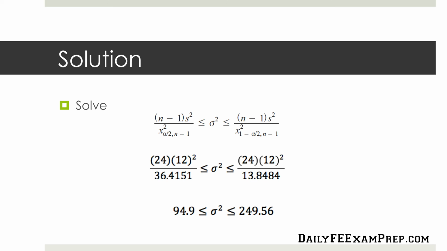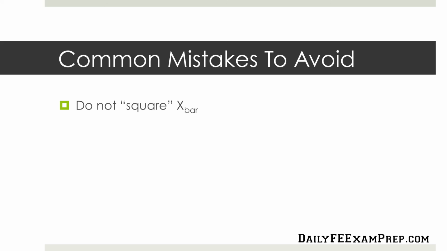That's how we solve the problem. It's actually very, very simple, but I know that bottom denominator kind of throws people off, especially if you don't know where to look. So make sure that you know where to look on the chart. Some common mistakes to avoid: don't square the x bar value. This goes back to knowing that the chi-squared value is located on a chart; it's not anything that we calculate.